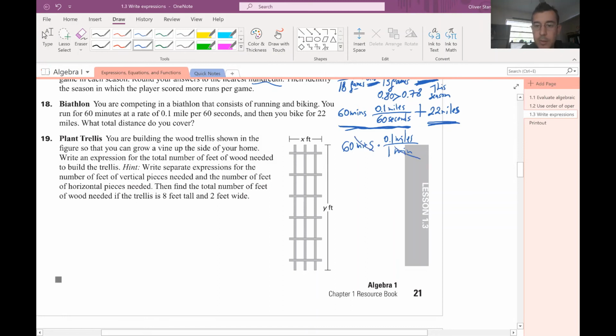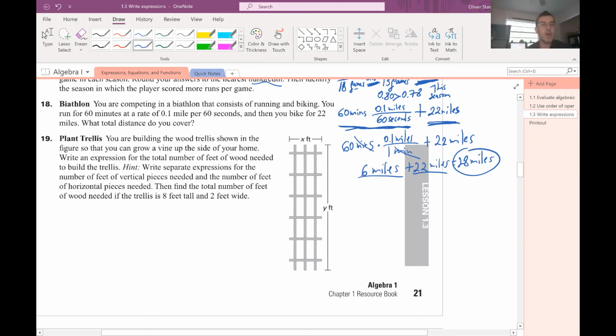So minutes and minutes are going to cancel out. So 60 times 0.1, and then plus 22 miles, right? Then 60 times 0.1 is 6 miles. And then plus 22 miles. The answer is 28 miles, and that's the solution for 18. Okay, so 22 miles of biking and 6 miles of running.